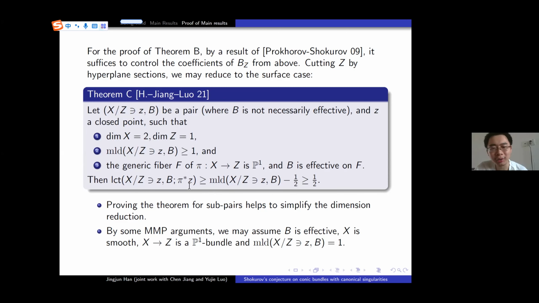So here π is the morphism from X to Z, and since the dimension of X is equal to 2 and the dimension of Z is equal to 1, Z is a closed point. So we may take the pullback of this closed point. What's the meaning of this notation, the semicolon? So you mean the pullback π*Z? No, it is a divisor of LCT. LCT means the log canonical threshold.